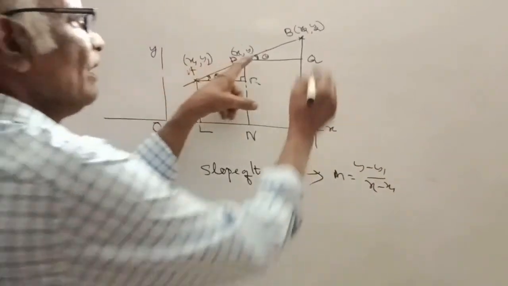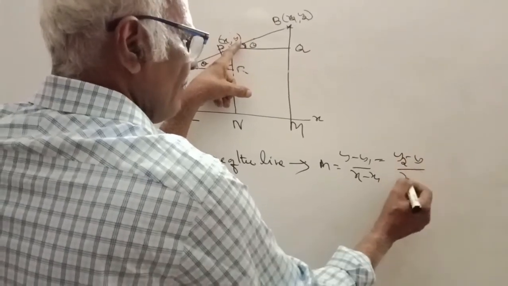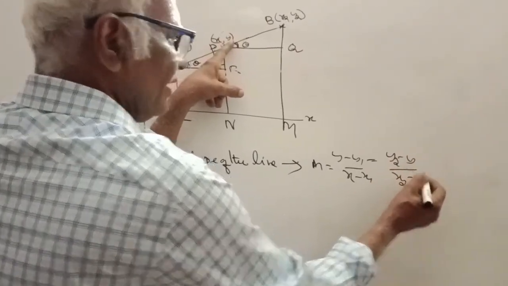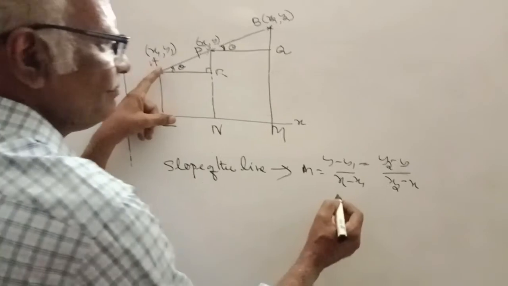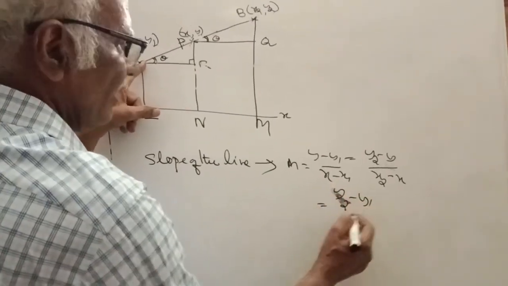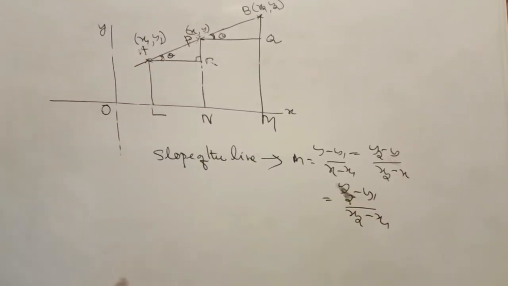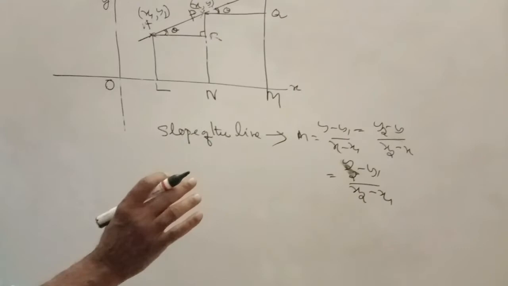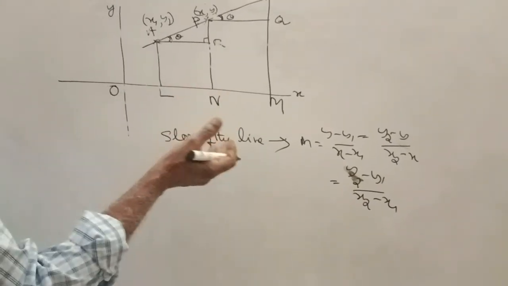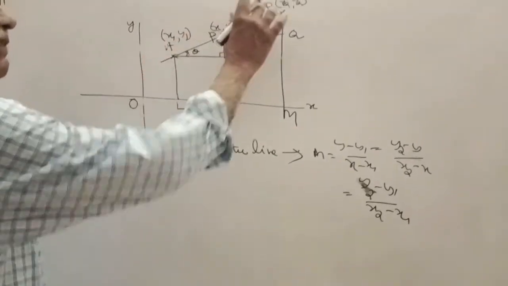It is the same as (y2 minus y) by (x2 minus x). It is the same as (y2 minus y1) by (x2 minus x1). So this is a fundamental result. It can be applied in the equations of lines and so on. So this is a basic idea, slope of a line.